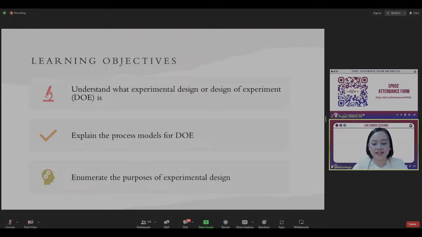Also, have you heard of association is not causation? Association does not imply causation. For example, an ice cream store during summer, their sales increase every summer. And at the same time, during summer, tumataas yung cases of drowning, at the beach or pool.